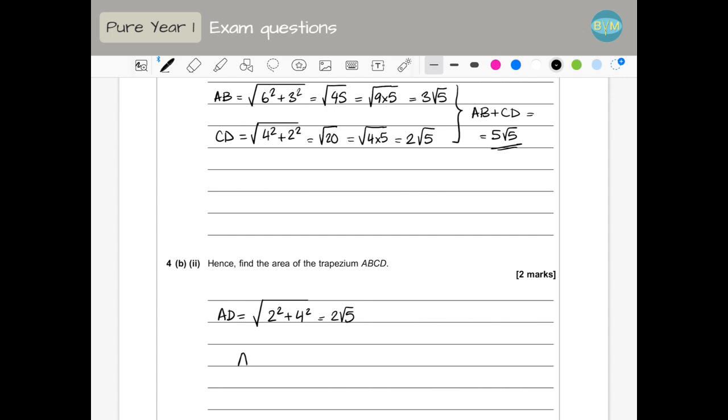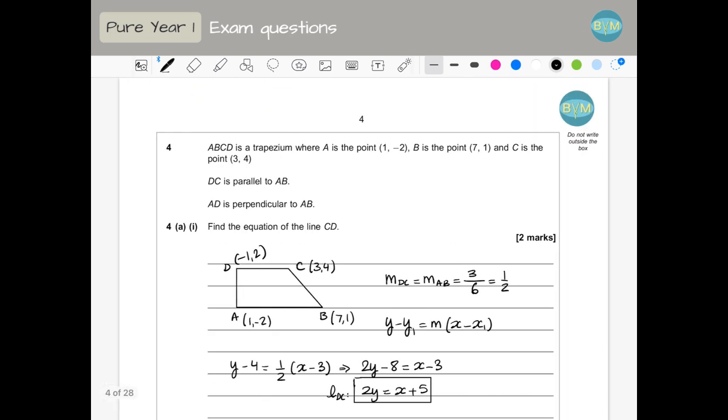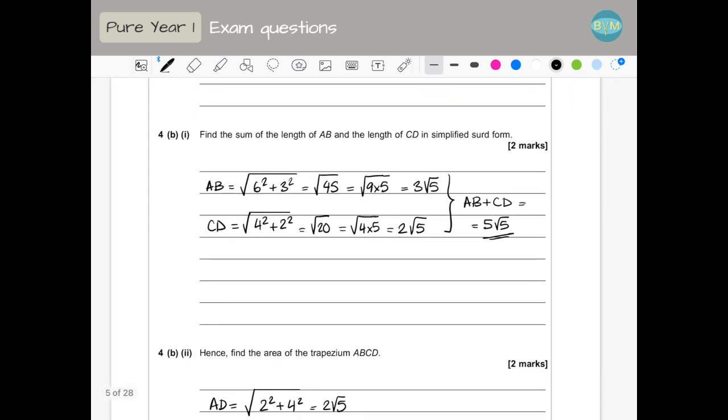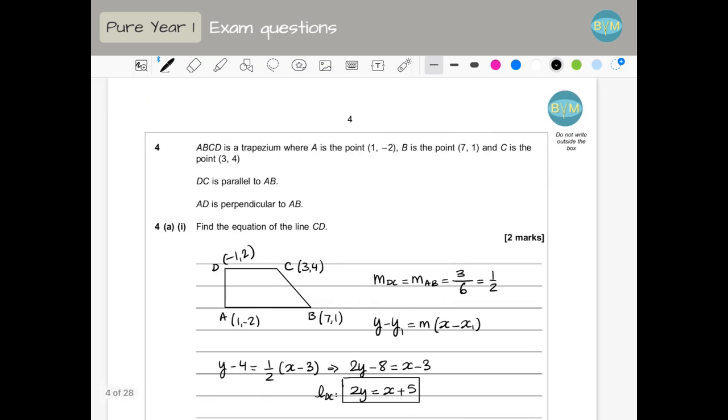The area of the trapezium is the sum of the parallel sides divided by 2 and then multiplied by the distance between them. We can cancel these 2s, and then we have 5 root 5 multiplied by root 5, and root 5 times root 5 becomes 5 times 5, 25. That's the area. We don't have units, it's just coordinates, so the area is just 25. And that's all for this question.